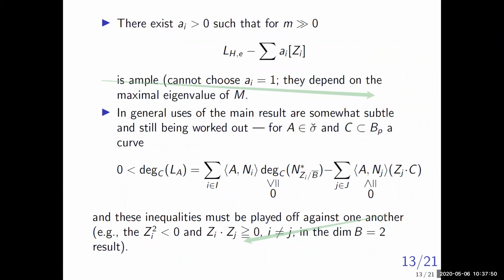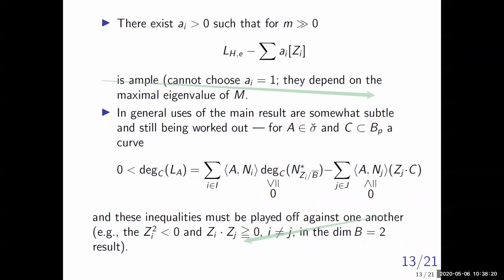Okay. So in general, the uses of this main result are somewhat subtle. They're still being worked out and not well understood so far. Part of the reason is that when you look at what it gives you, if a is in the interior of the monodromy cone, then any curve C in a fiber has positive degree.